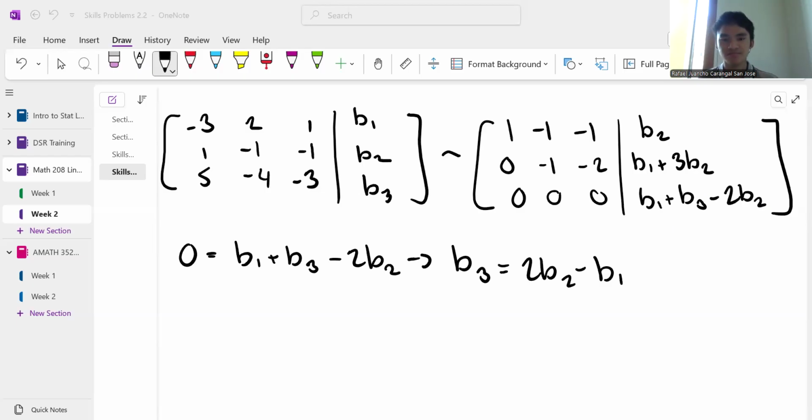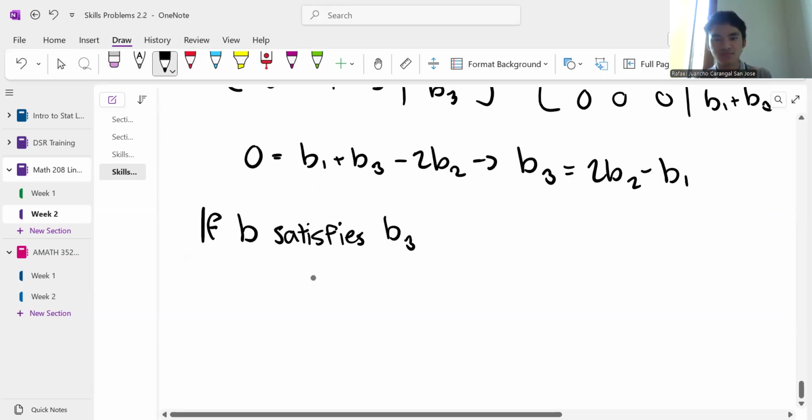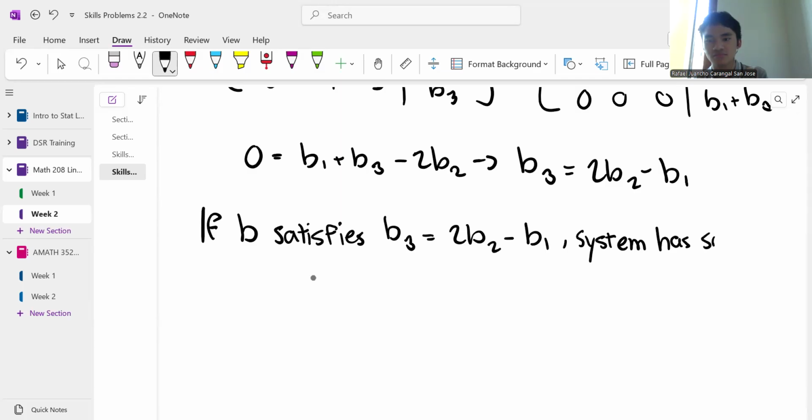Right? So I'm just going to write that out. If this B vector satisfies this thing, the system has solutions. So this is the algebraic way of doing it.